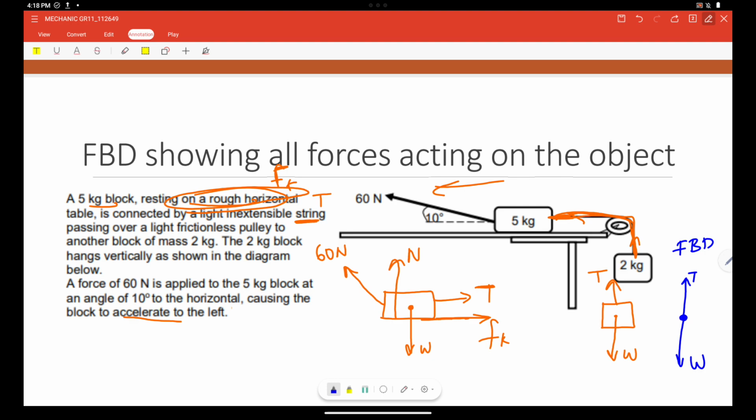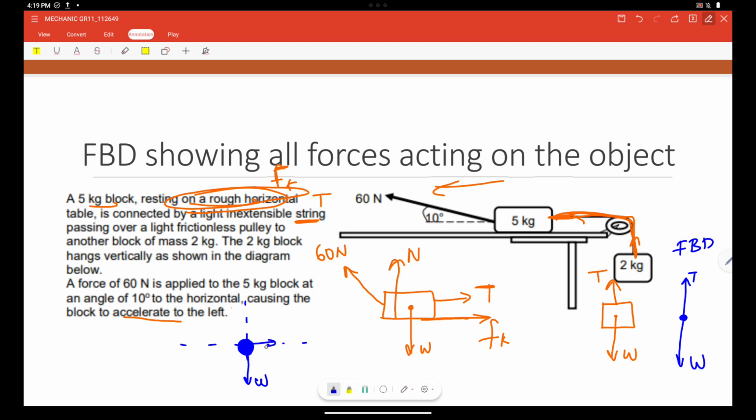And when I get to the 5 kilogram block, in blue are my free body diagrams, by the way. In blue, I will have my weight acting vertically down. Let me just include my axis. I am also going to have tension. Let me make this big enough so that all the forces can fit.